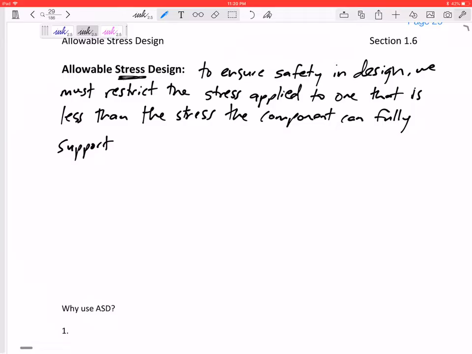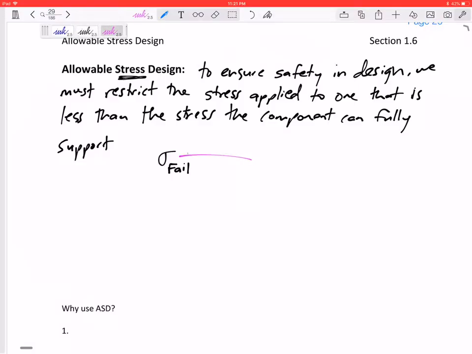Right? So if we know the maximum stress, we need to make sure we don't exceed that maximum stress.